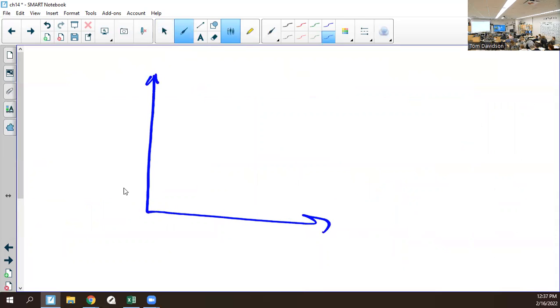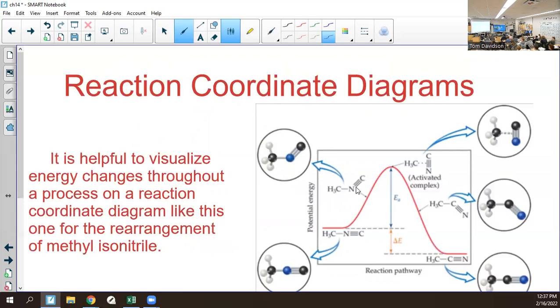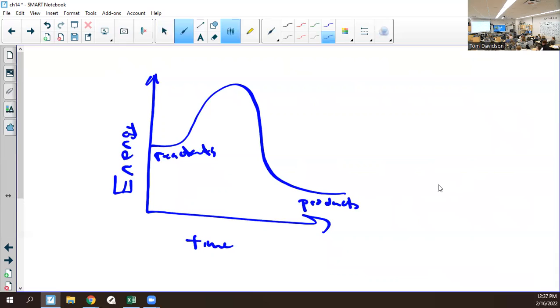It shows the energy versus time as a reaction proceeds from reactants. Okay. This is the same thing. It looks different because they are just drawing out what the reactants and the products look like, but it's the exact same thing. Okay. You need to label it or even draw one given words.